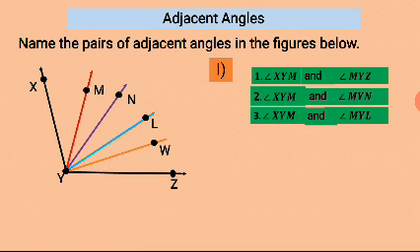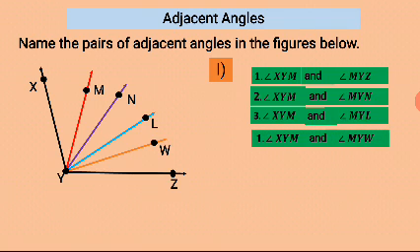Third pair, angle XYM is a constant angle, and the next adjacent angle is MYL. Fourth pair, angle XYM and angle XYW, that is the fourth pair of adjacent angles.